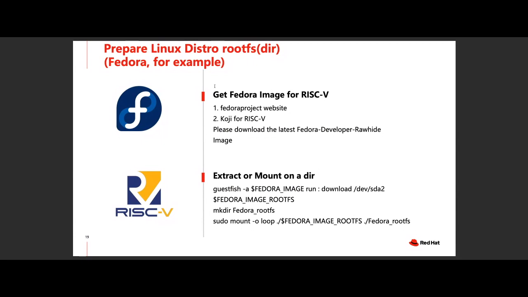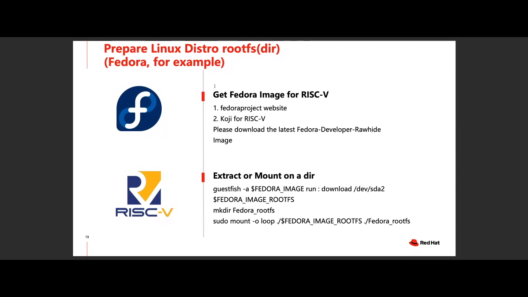And then you need to prepare the Linux distro rootfs. For example, we can use a Fedora image, but I also tried Debian and Gentoo. These distributions can all boot in user mode.